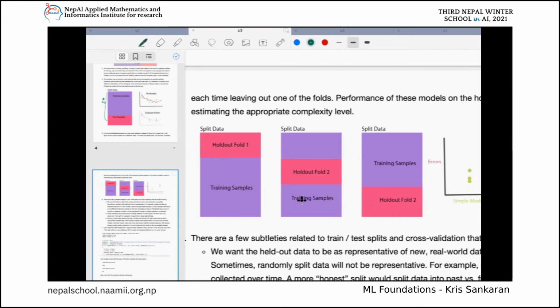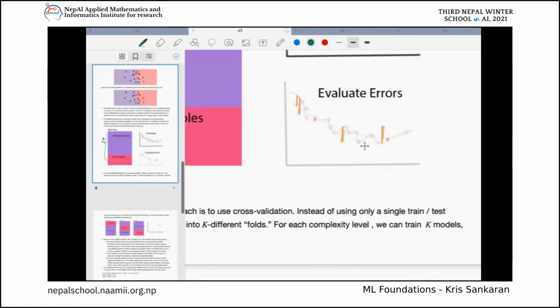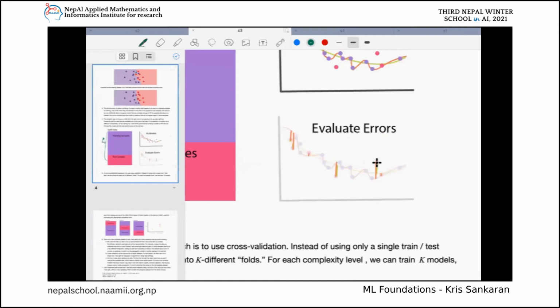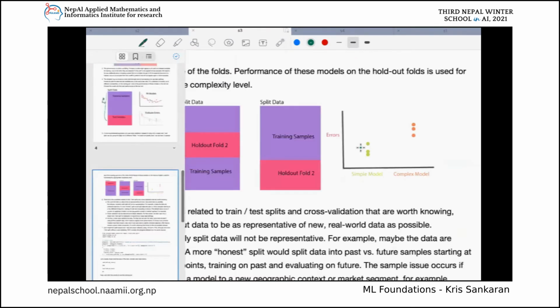And then each time you can compare your models. It's the same kind of evaluation on the holdout set for the two models from before. On each of the 3 folds, my simple model is doing relatively well, but my complex model is doing relatively poorly. So this is telling me I should choose my simple model. Simple models are actually doing better than my complicated one.